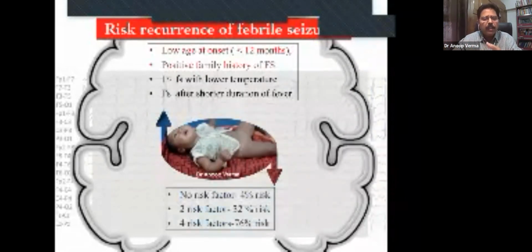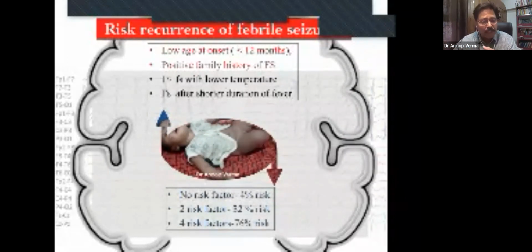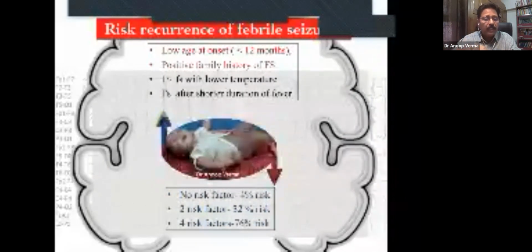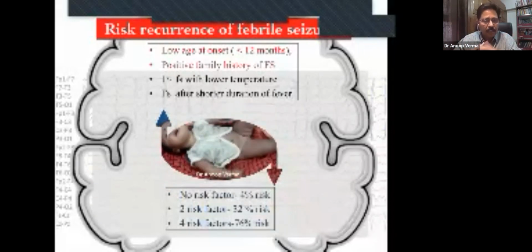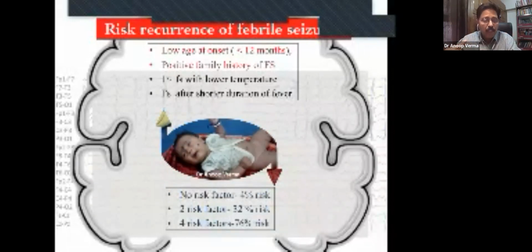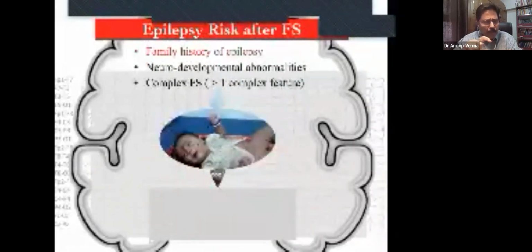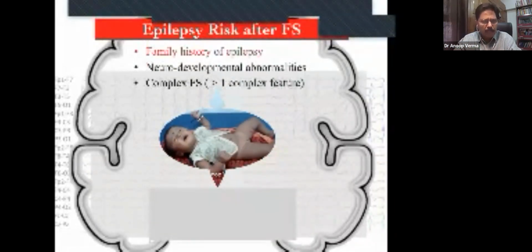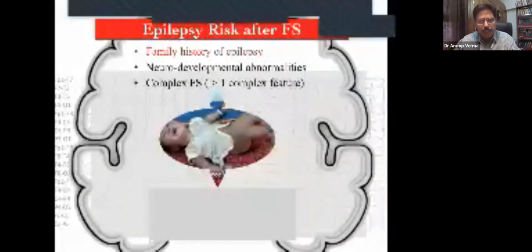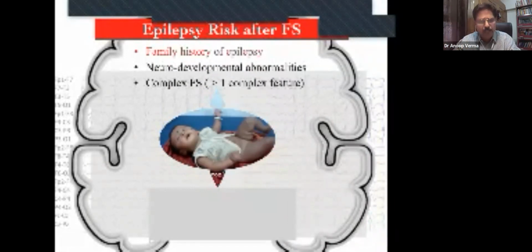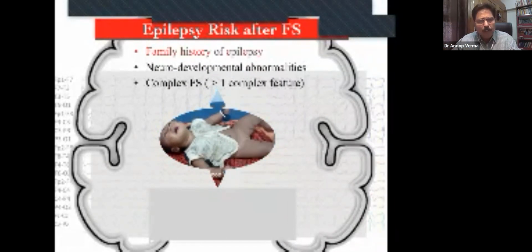If there is no risk factor, there is still a 4% chance of recurrence. If there are 2 risk factors, there is a 32% chance. And if there are 4 risk factors, as depicted, there is a 76% chance of recurrence. Now, for epilepsy, the risk factors are a family history of epilepsy, a neurodevelopmental abnormality or developmental delay, a complex febrile seizure, or more than one complex feature.